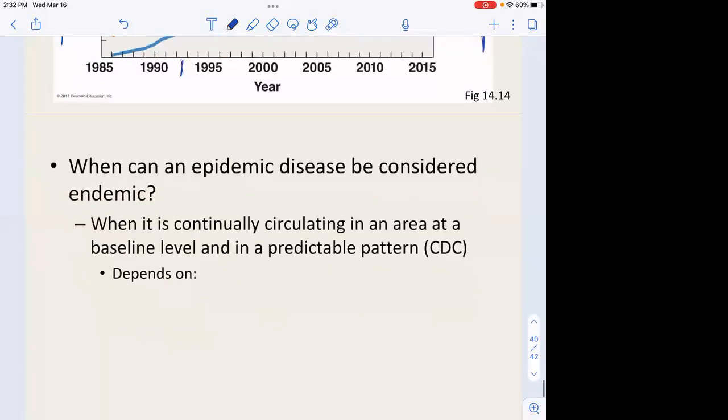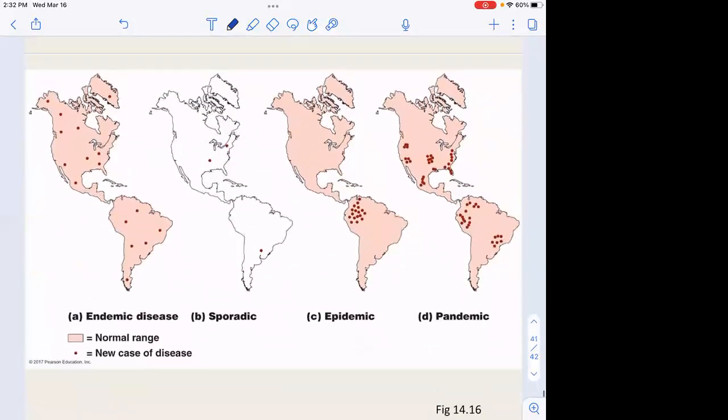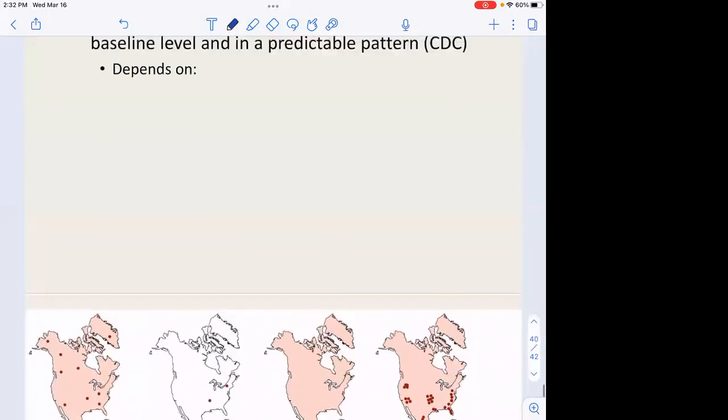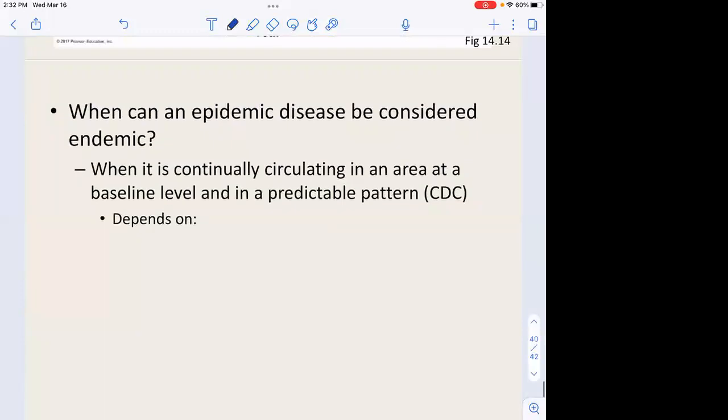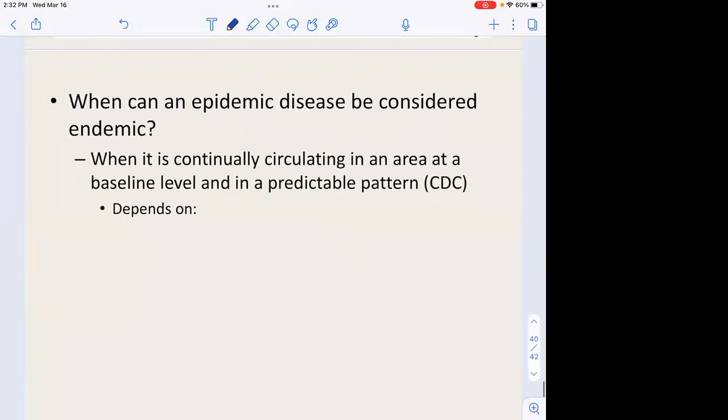And this chart, I'll come back to this in a second. This chart just graphically shows something that's endemic versus epidemic versus pandemic. So the question that's, of course, in the news lately is, when can we call something an epidemic?